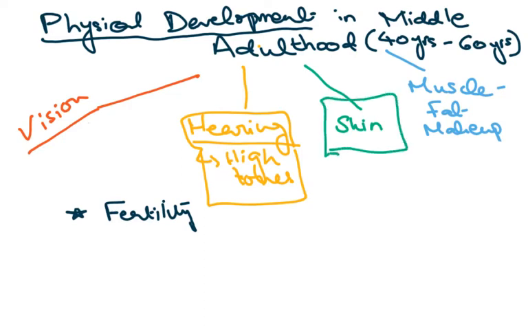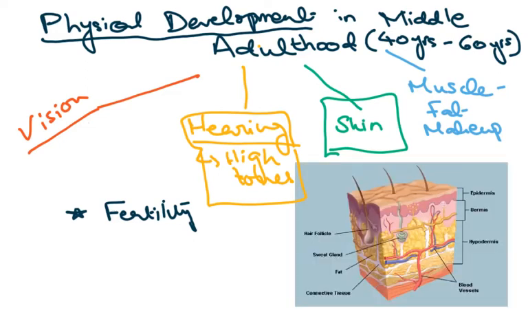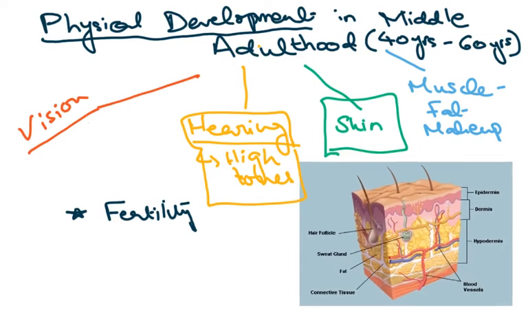Next, we talk about skin, right? One of the things that you see is that more wrinkles start to appear. What could be reasons for this? One of the reasons that your skin starts to show these declines is that your skin is made up of three different layers. You have the epidermis here, which is the outer layer, then you have the dermis, and then you have the hypodermis.